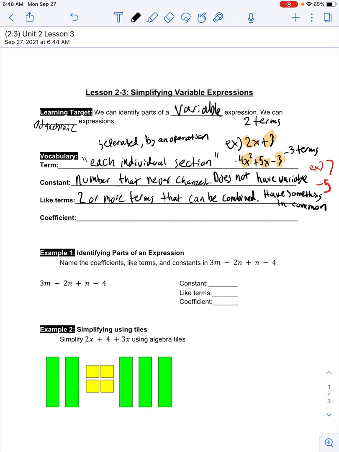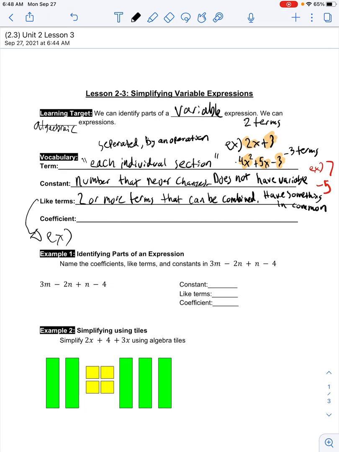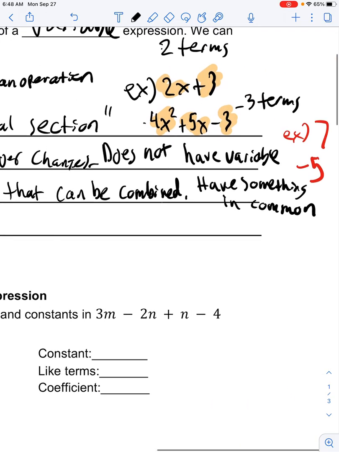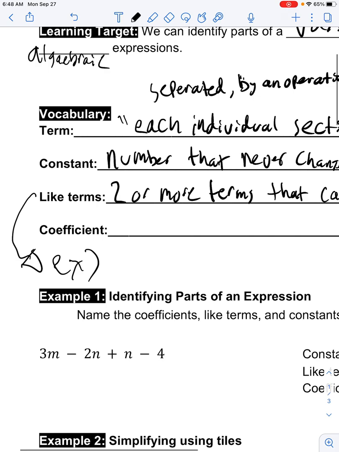I'm going to take our like terms example and move it right here. An example of like terms would be if I use 2 constants, 7 and -5. If I say 7 plus -5, I can combine these because they are like terms, and that answers 2.